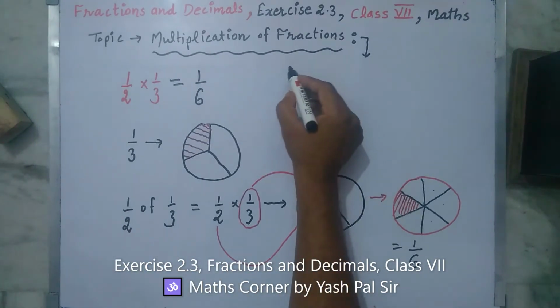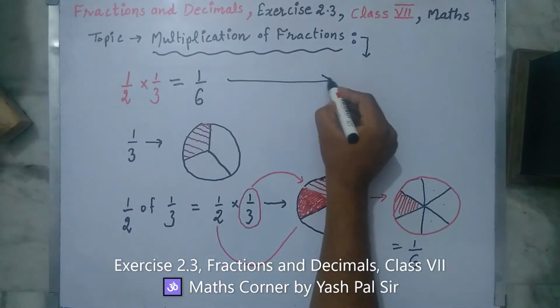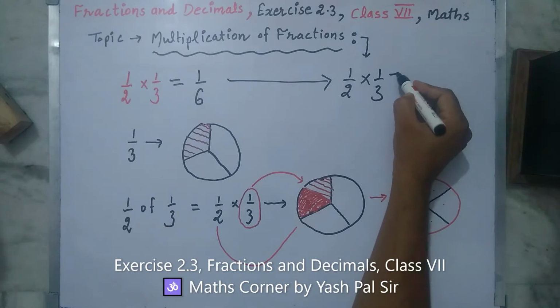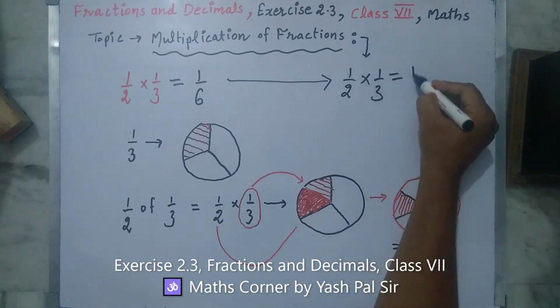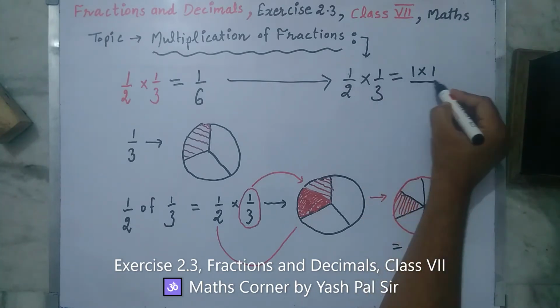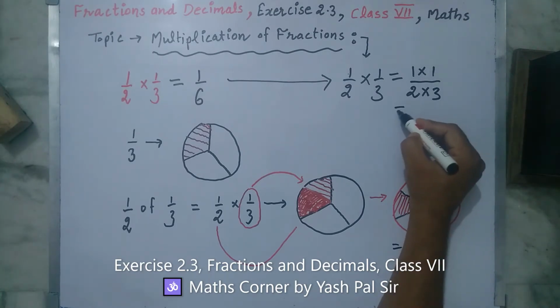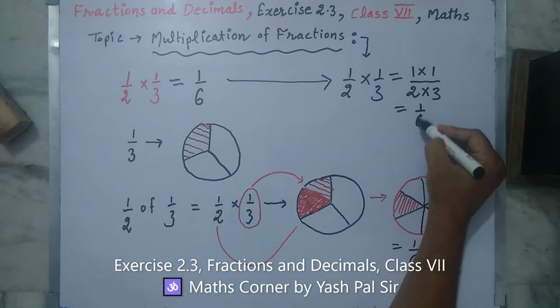So this way, how we can do 1 by 2 into 1 by 3: numerator is multiplied with numerator, denominator is multiplied with denominator, answer will be 1 upon 6.